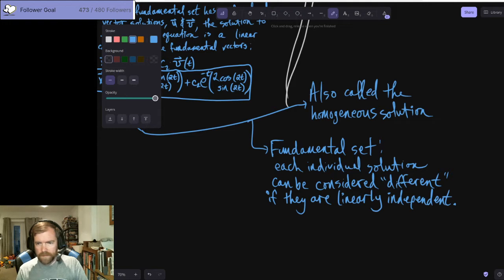Again, I don't know how formal you want to go. That's the formal way to say it, but the informal way to say it is, as you say, different. These vectors will point in different directions.